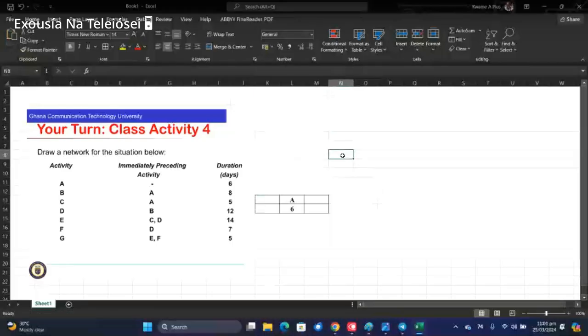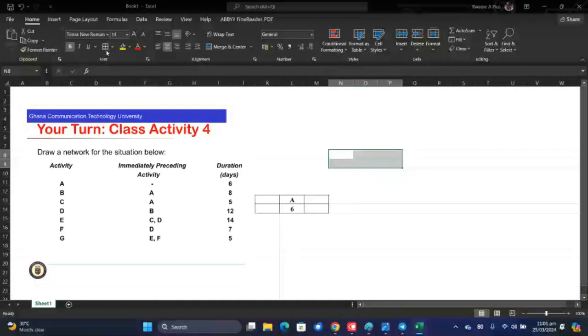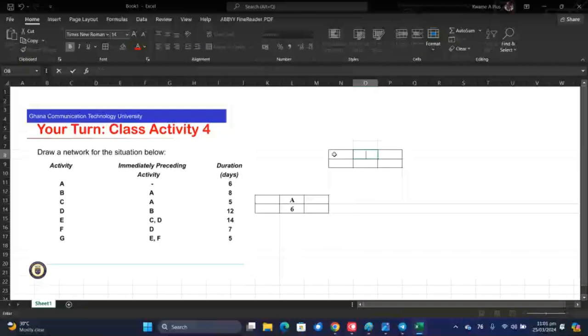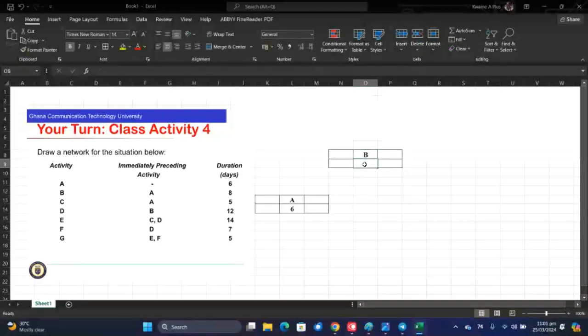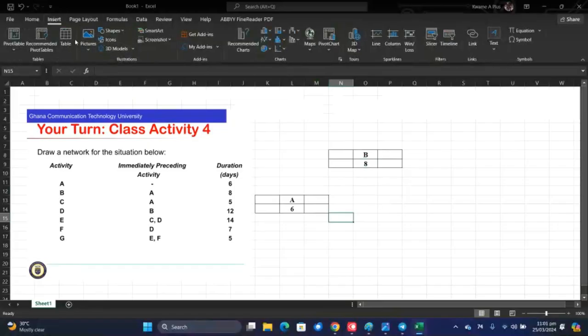So I put that one here, and then maybe B. Right now we are at 8 weeks. So I can get the arrow symbol.